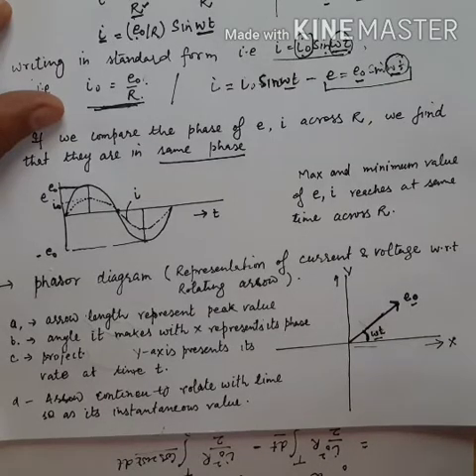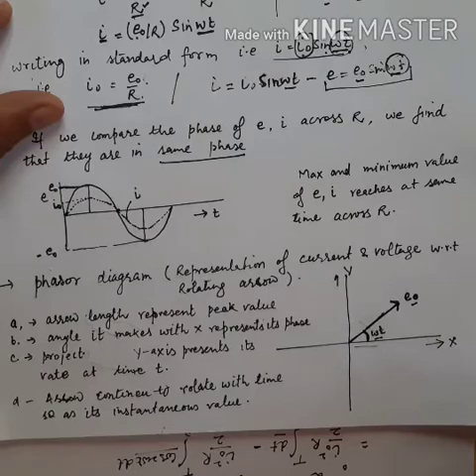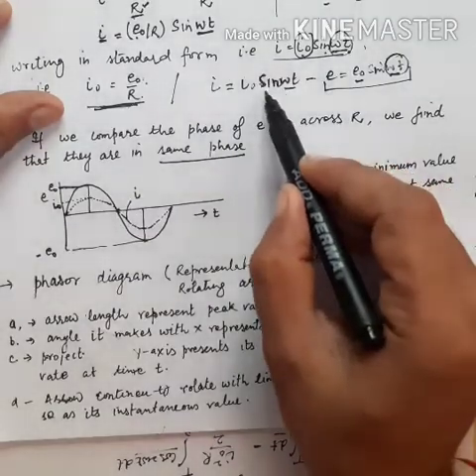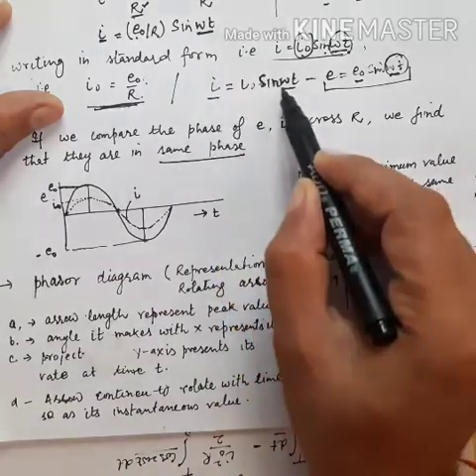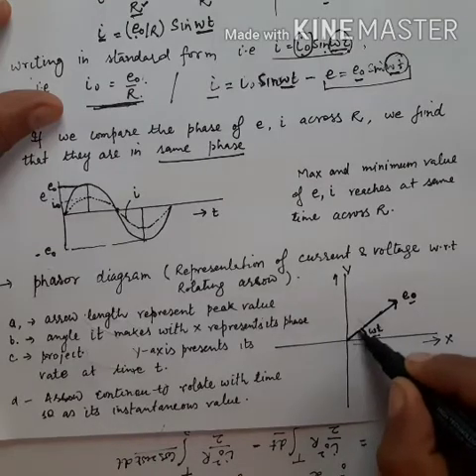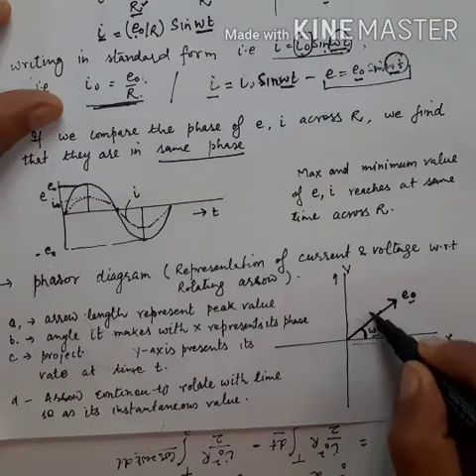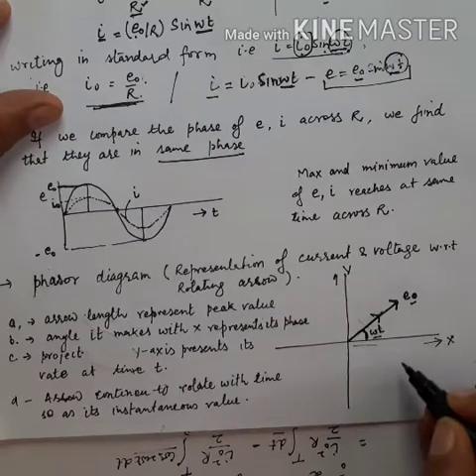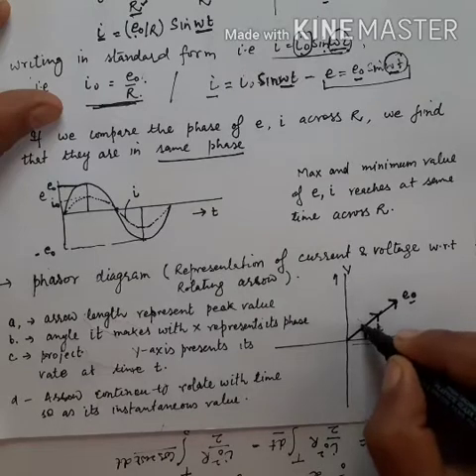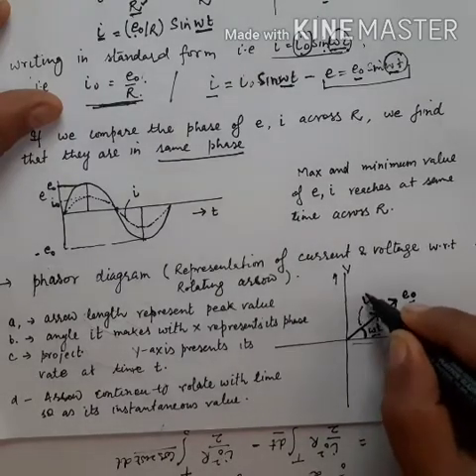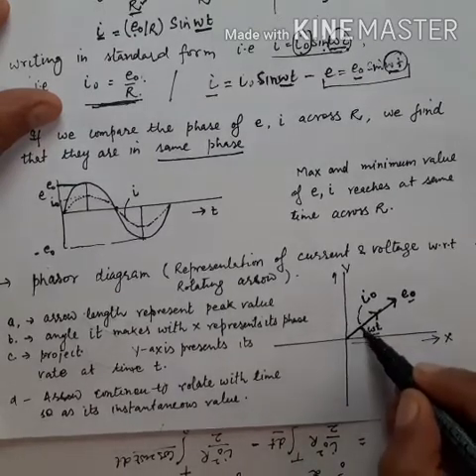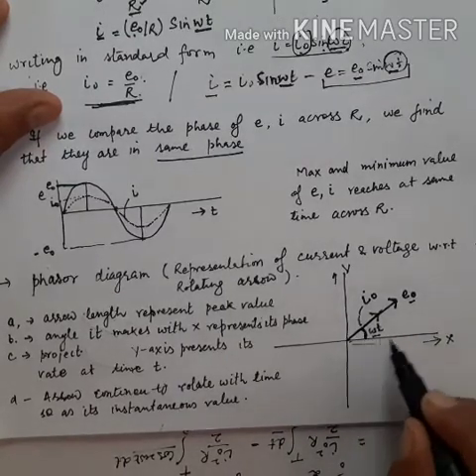Now I want to draw the same phasor for the case of current. Here the current is also making the same angle, omega t, so it is also represented along the same line. The length of this arrow represents the peak value of current, and the angle it makes with the x-axis represents its phase.